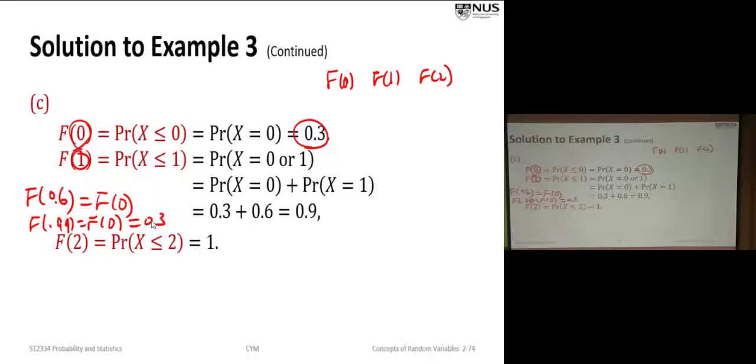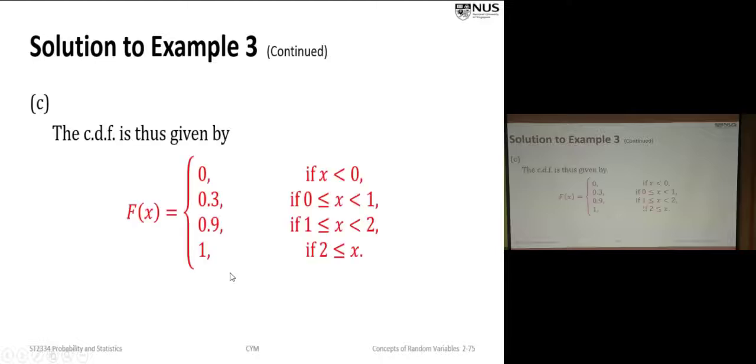All right? So we summarize these results into a function like that. Altogether, I divide the real line into 4 parts. From minus infinity up to 0, but less than 0, I haven't reached 0, the cumulative probability is 0, because we don't have probability for those x values less than 0.